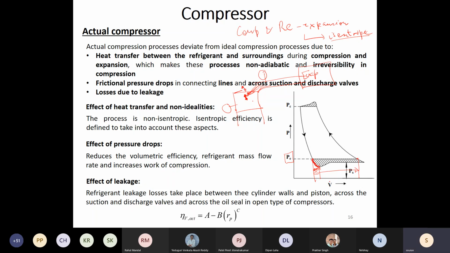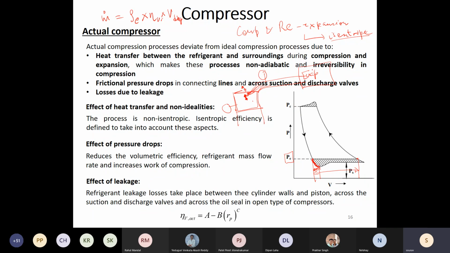Okay. And while we were looking at m dot equals rho e times the volumetric efficiency, multiplied by the displacement volume, if this was the expression, now it is not rho e, it should be the density at this lower pressure.